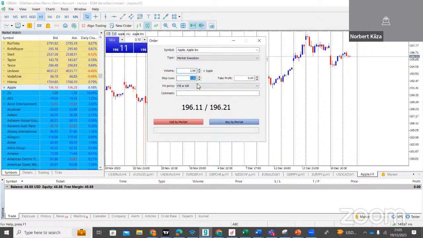Then you can proceed to set a stop loss and take profit. So let's say you can decide to set your stop loss at 190.